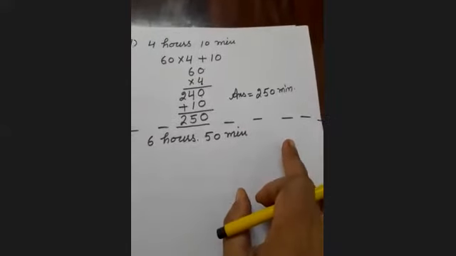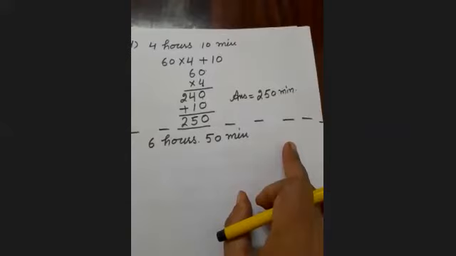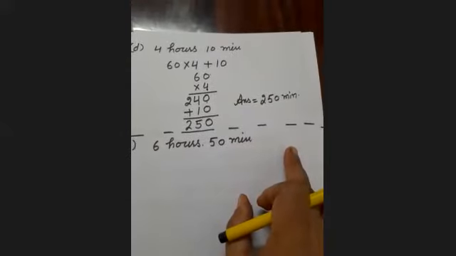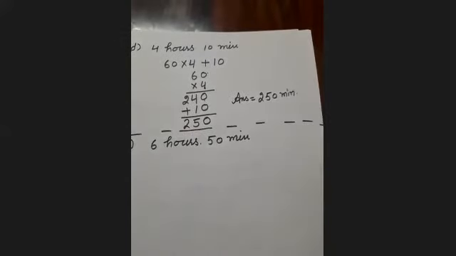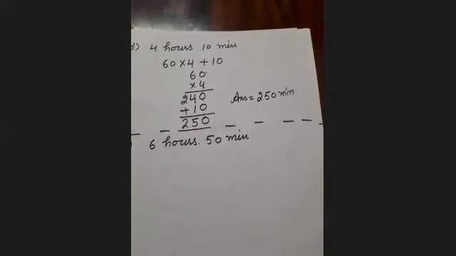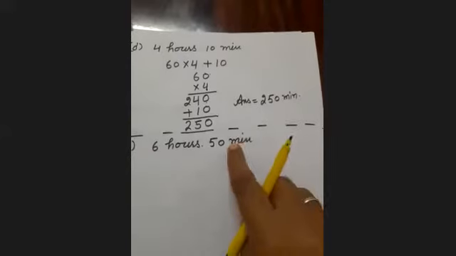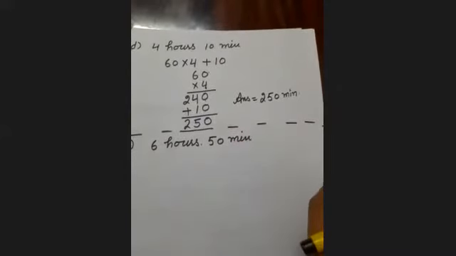For this, we will multiply 60 by 6 and add 50 minutes as it is. Okay?